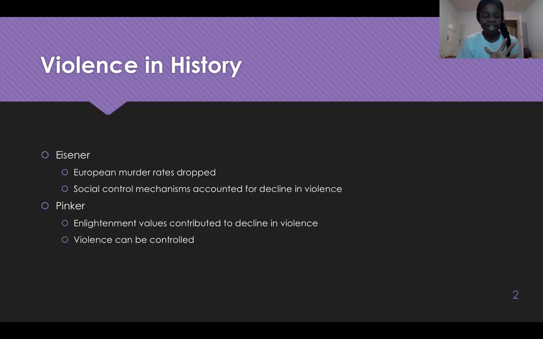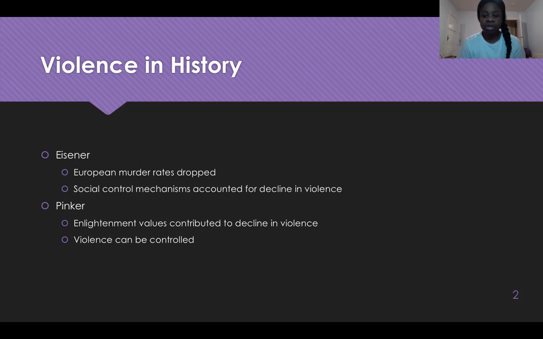So these may have influenced, and probably have influenced, the decline in violent crimes, okay? Pinker then asserts that Enlightenment values also contributed to the stark and steady decline in violence over the centuries, arguing that as societies become more rational, more democratic, and more scientifically advanced, they become more moral, ultimately leading to, or thinking that this leads to, a decline in violent crimes.